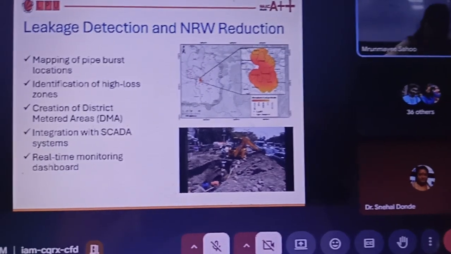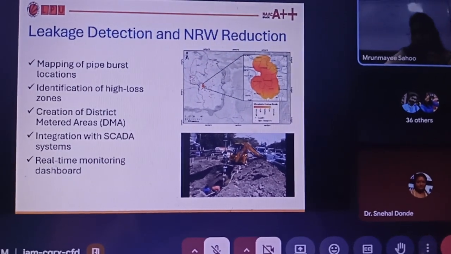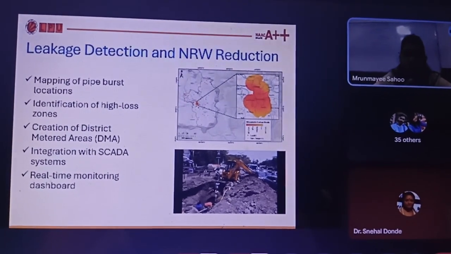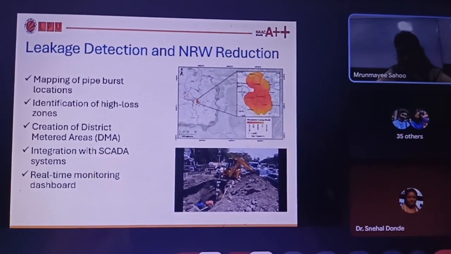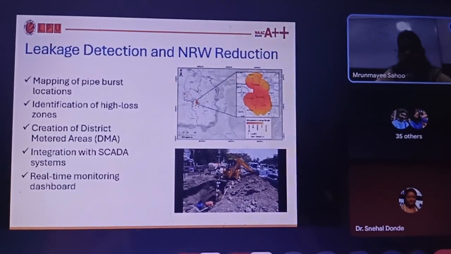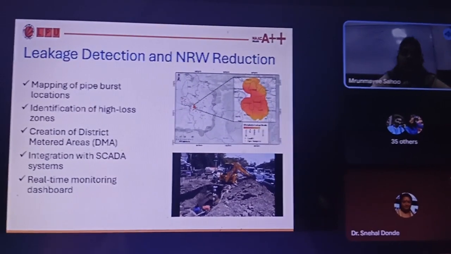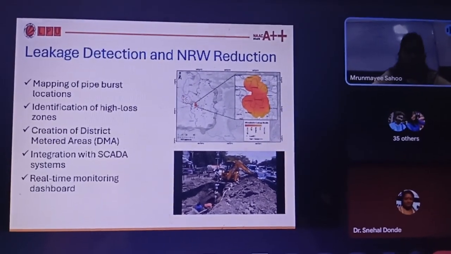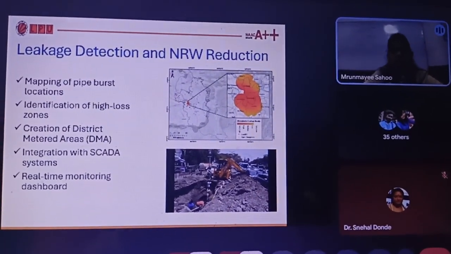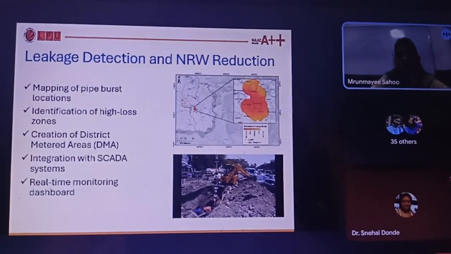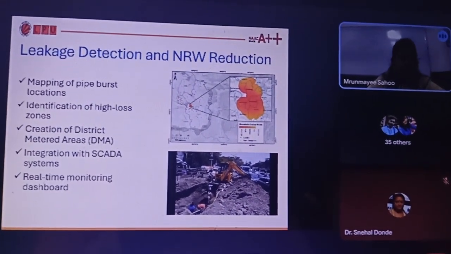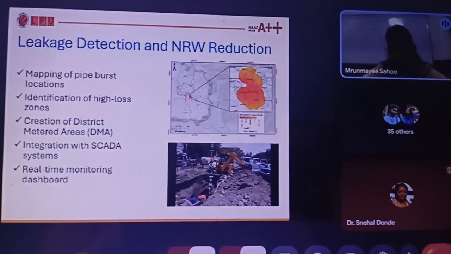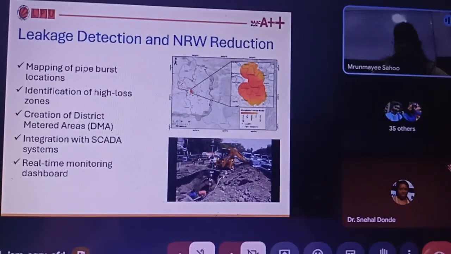If you have taken the water pipelines through the road network and heavy vehicles travel, like in India, we do not have specific rules, and even if we have rules, the truck drivers who deal with cargo do not follow them on how much weight of material they can take on the truck, so they exceed it. When they exceed it, mostly a water pipeline bursts if it is of larger size.